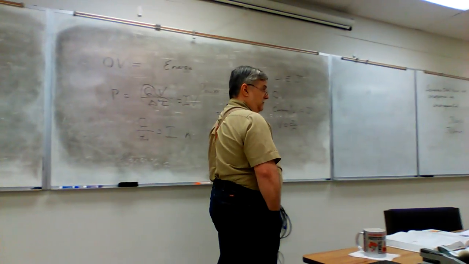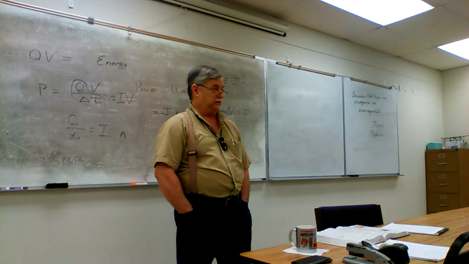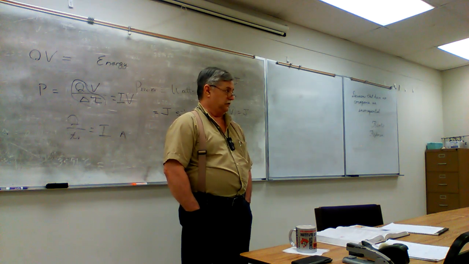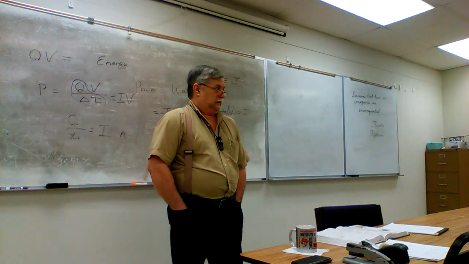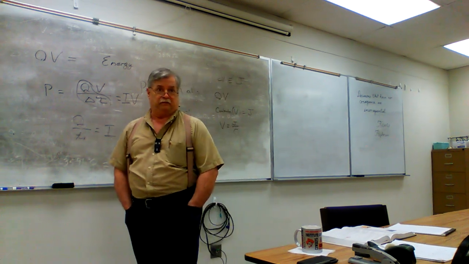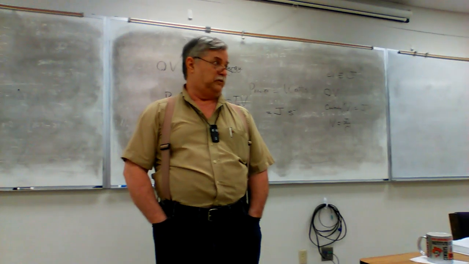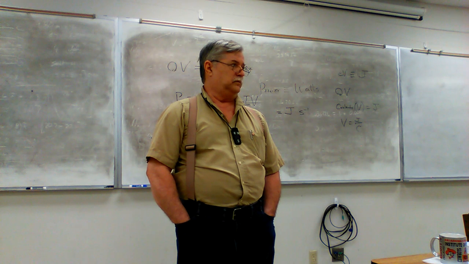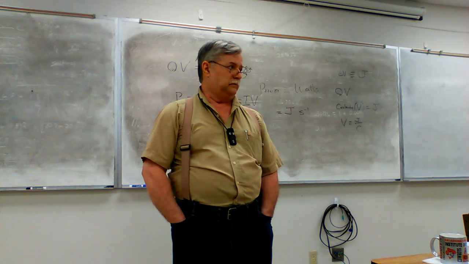So if you're using 5 watts for 1 hour, that's 5 times 3,600 seconds, that's 18,000 joules of energy that you're using. Now, of course, they don't use watts, they use 1,000 watts or kilowatts.